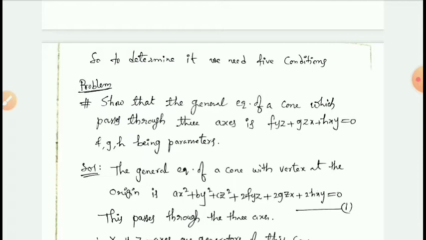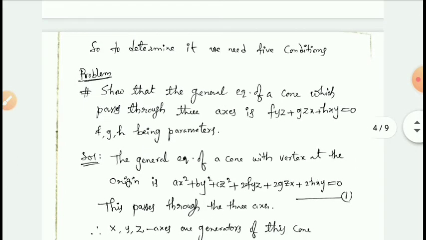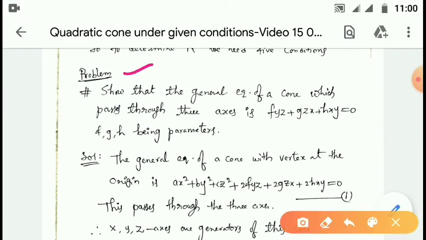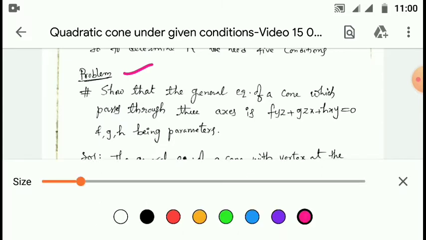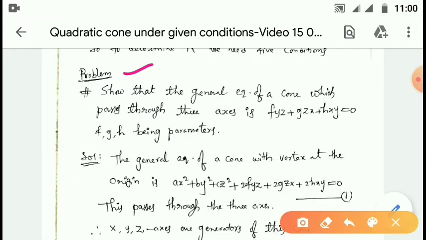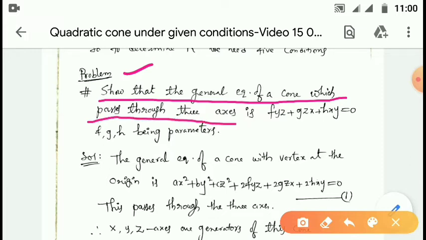certain conditions are given. See this problem. Show that the general equation of a cone which passes through the 3 axes, meaning the x, y, z axes, is fyz plus gzx plus hxy is equal to 0, where f, g, h are parameters.